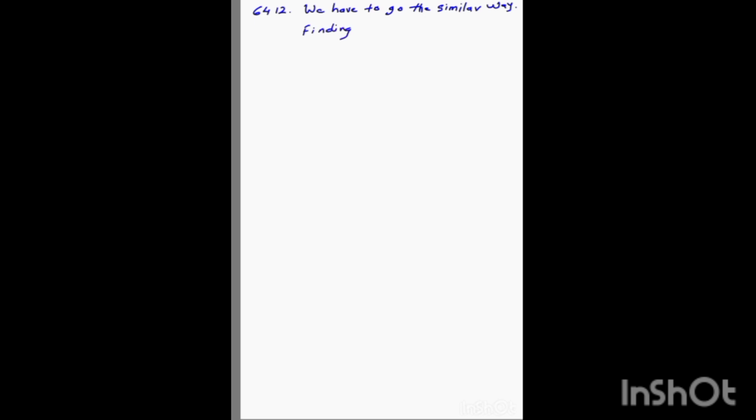In both the cases, we proceed in a similar manner, trying to find the square root by the division method as follows.